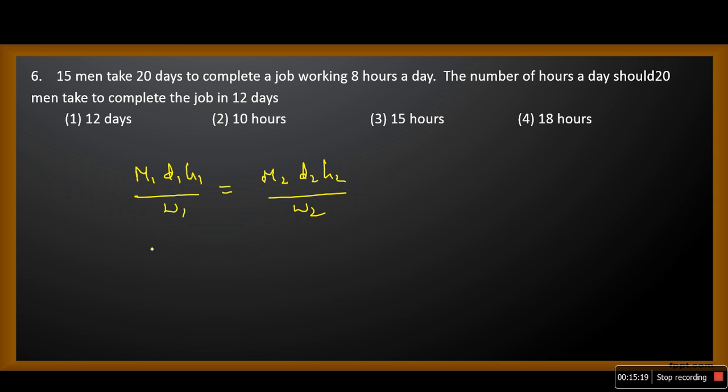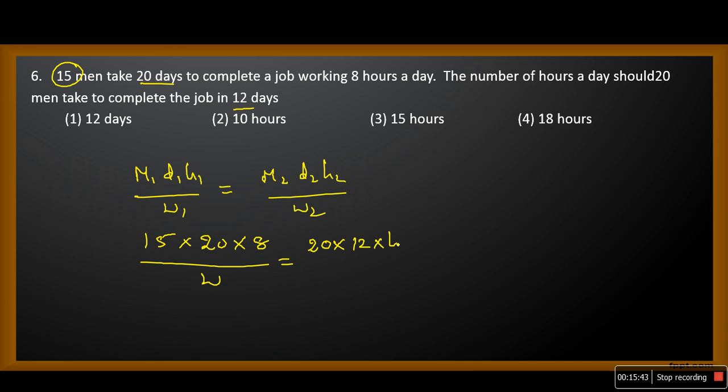Now how many men are there in the initial case? 15 men. How many days did they take? 20 days, because it's given. Working how many hours? 8 hours. They have to do the work W. For the second case, 20 men, M2 is 20. Days, how many? 12.